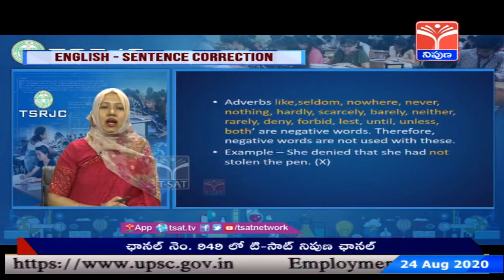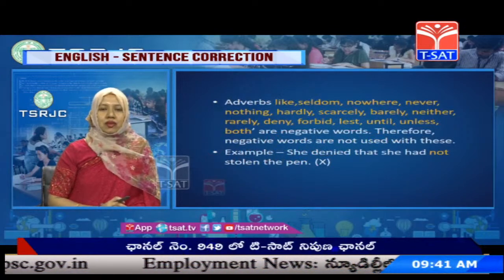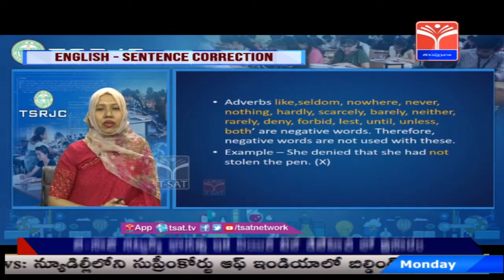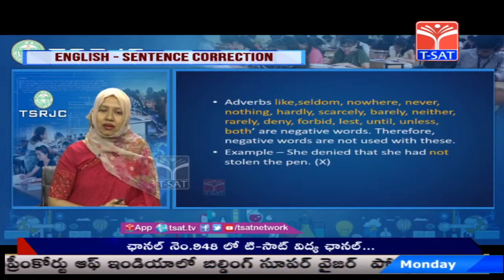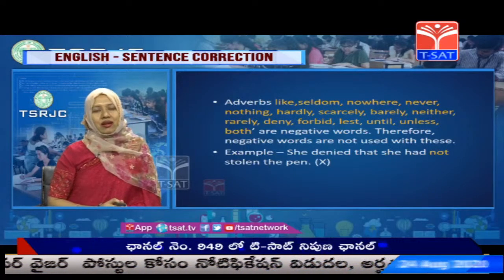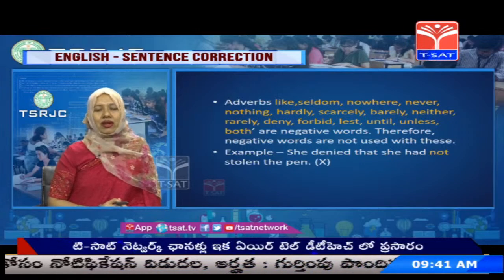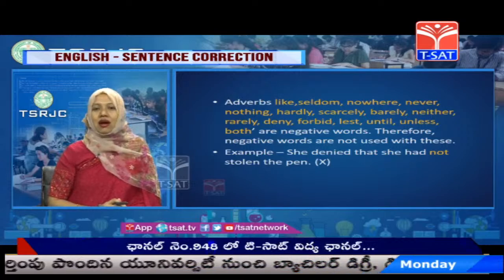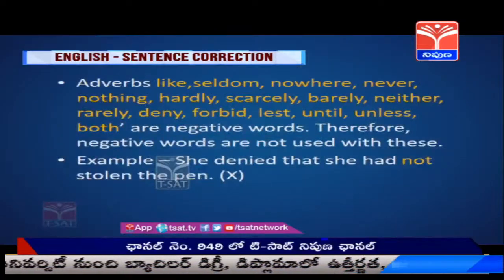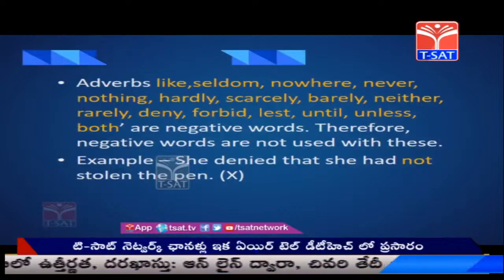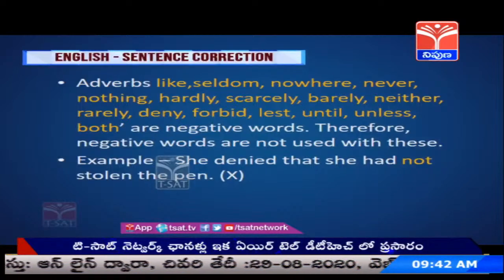Now, if there are adverbs like seldom, nowhere, never, nothing, hardly, scarcely, barely, neither, rarely, deny, forbid, lest, until, unless, both, all these words are negative in meaning.